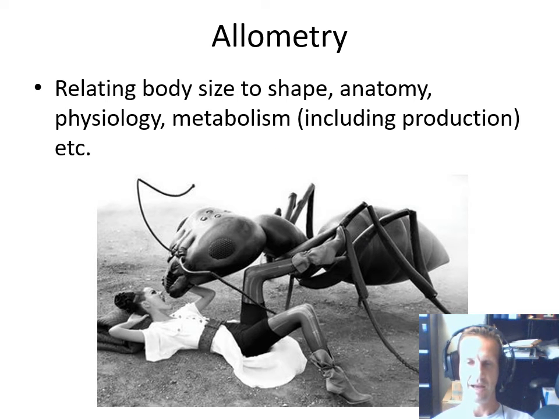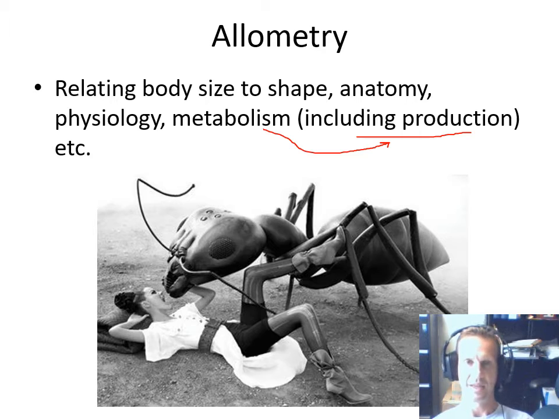So I ought to explain what allometry is before I start talking about allometric methods. So allometry is the science of relating body size to other things that are affected by body size, like shape, anatomy, physiology, metabolism, and production is kind of like a result of metabolism, digestion, assimilation, and growth.